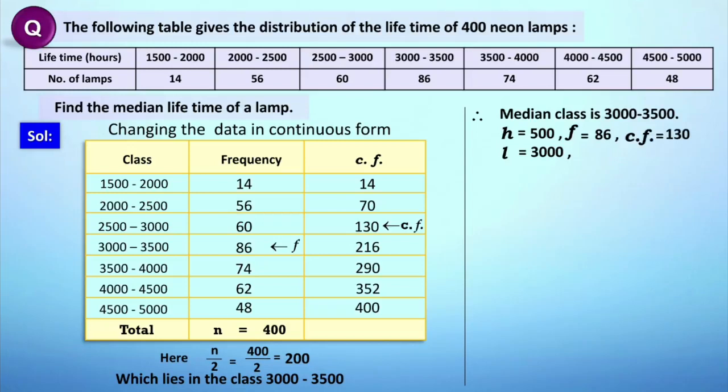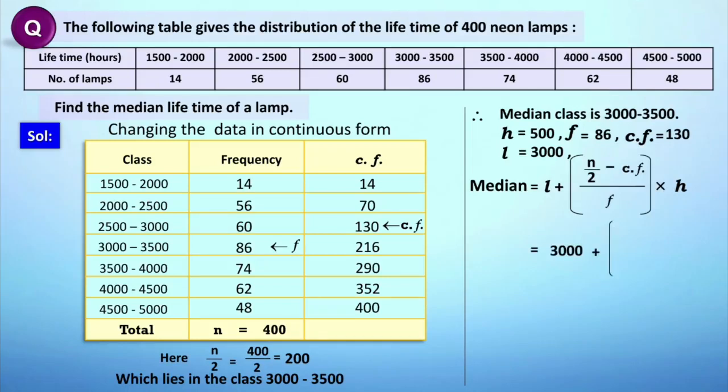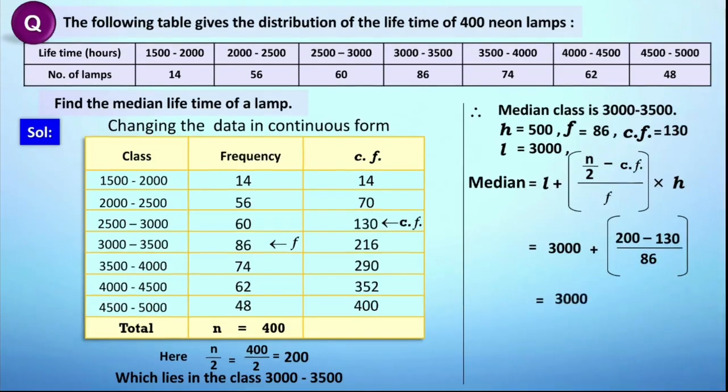Once we get all these values, we will use the formula, that is median is equal to L plus bracket N upon 2 minus CF upon F into H. We substitute the respective values and we write 3000 plus bracket N upon 2, that is 200, minus CF, that is 130, upon F, that is 86, into H, that is 500.